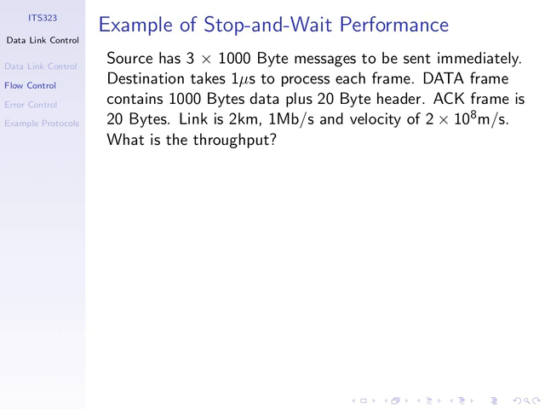I say real data to distinguish from this, which is a data frame. This is a frame that contains the data plus a header. The header is not user data. It's additional overhead. The data that we want to count for throughput is this 1,000 bytes. So every frame we send, we're sending 1,000 bytes of real data. What's the rate at which it's received?